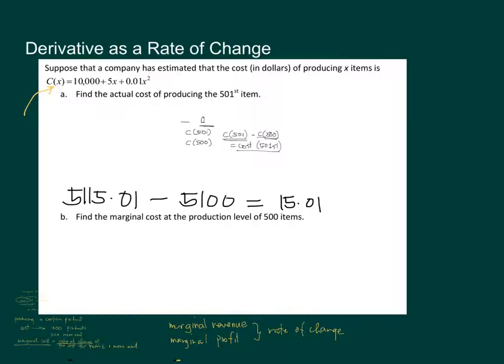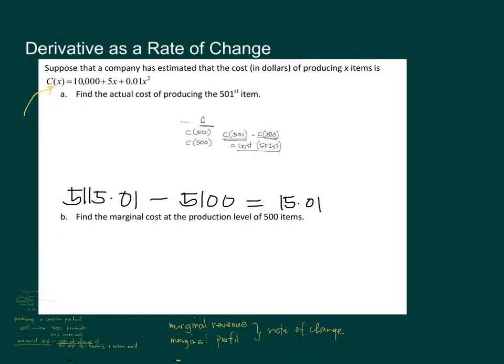If we relate that to derivative as a rate of change, the cost of producing the 501st item can be interpreted as a change in the cost as we produce one more additional quantity.